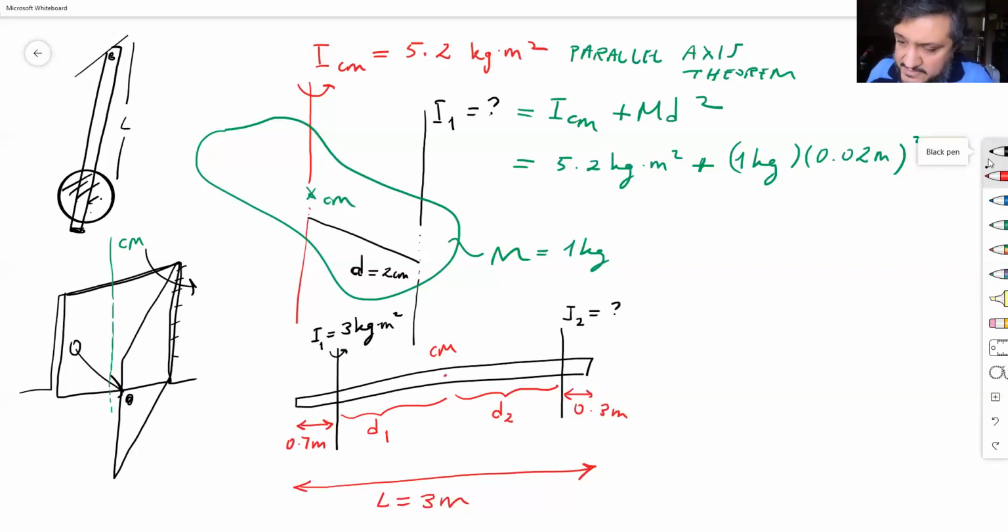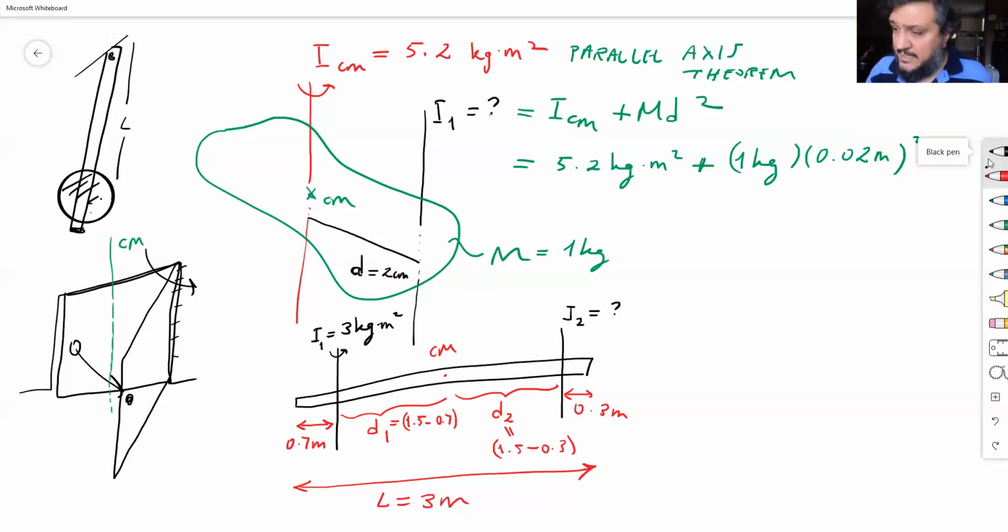Okay, so this is 1.5 minus 0.7 meters, and this is 1.5 minus 0.3 meters. All right, so we know all the dimensions now, 0.8 and 1.2 meters.